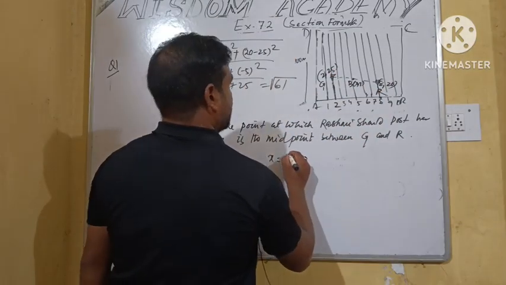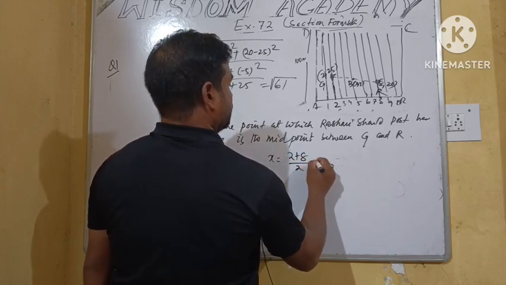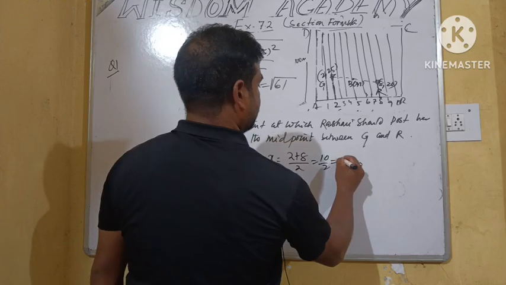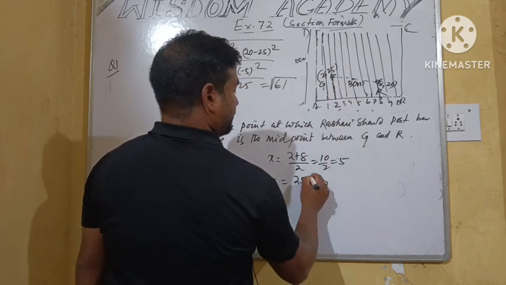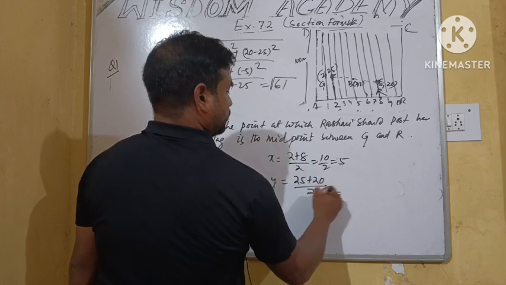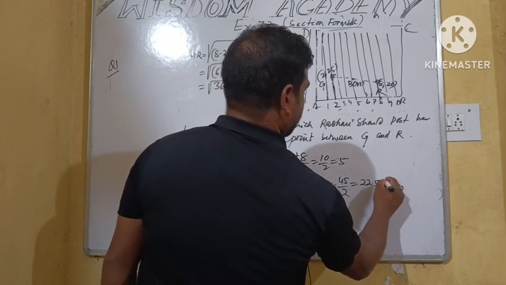X is equal to (x1 plus x2) by 2, which means (2 plus 8) by 2, 10 by 2, which is 5. Y is equal to (y1 plus y2) by 2, (25 plus 20) by 2, which is 45 by 2, which is 22.5.